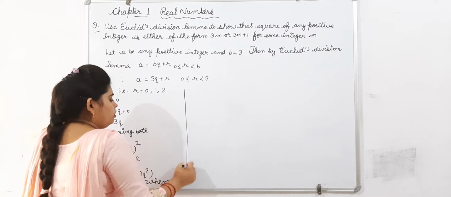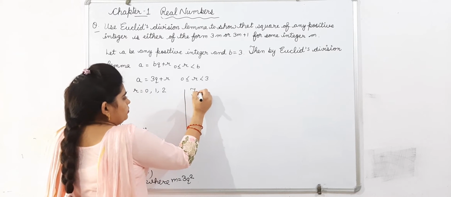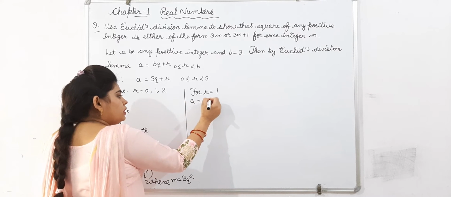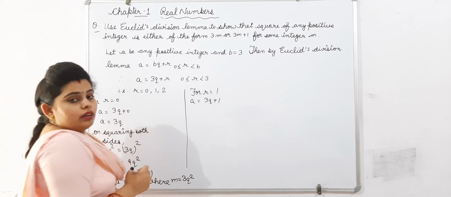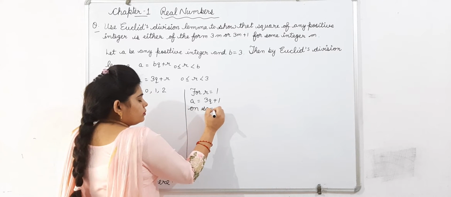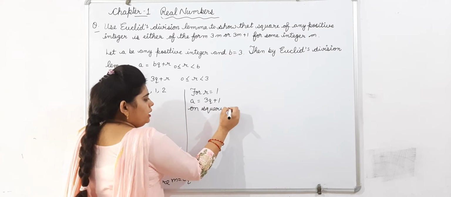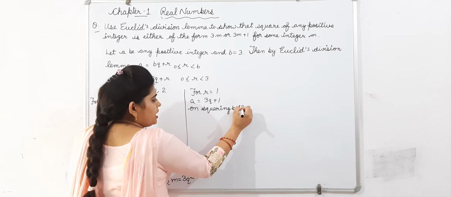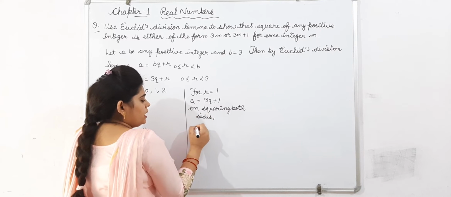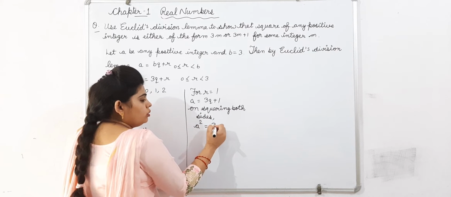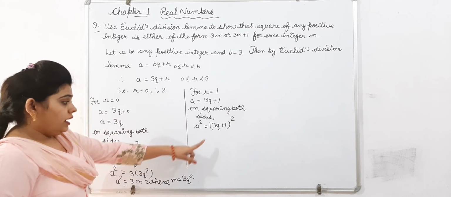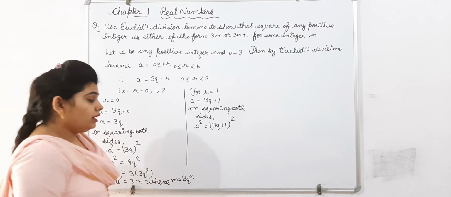Now for r is equal to 1, a will become 3q plus 1. Now on squaring both sides, we will get a square is equal to 3q plus 1 whole square. Now here we will use the a plus b whole square identity.